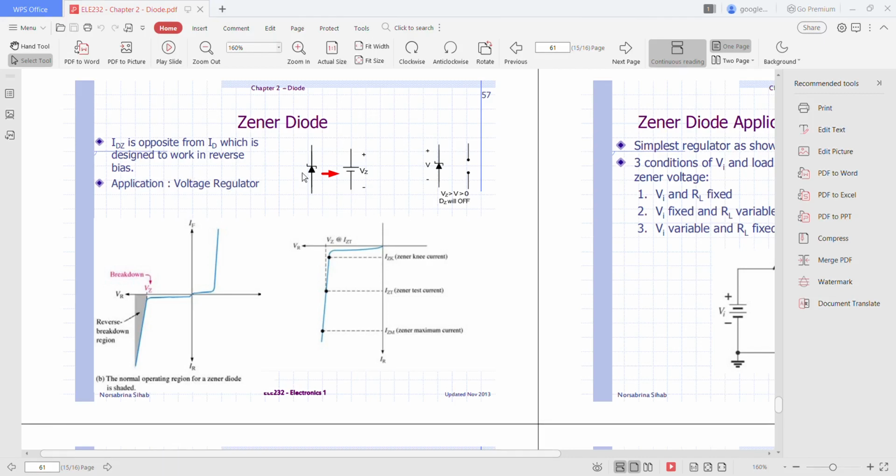This is the symbol of a Zener diode. As you can see in the figure here, Zener diode can be represented with the terminal voltage Vz over here. So the current IDZ, the current flowing through the Zener diode, is opposite from ID.